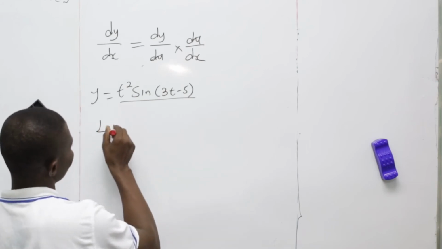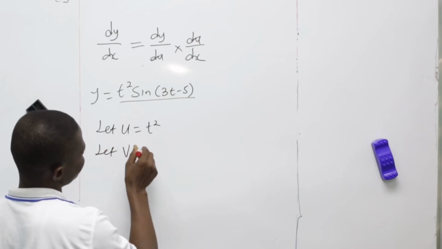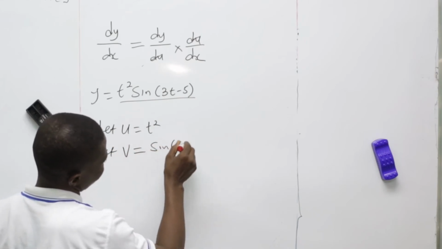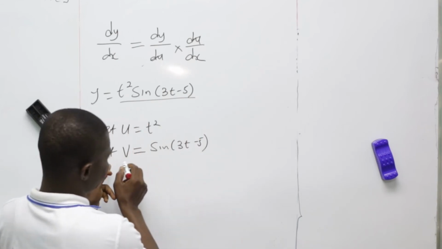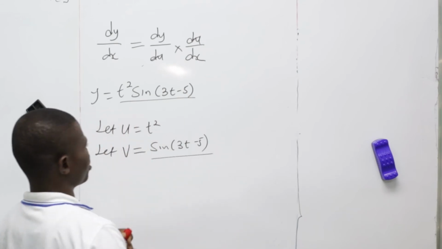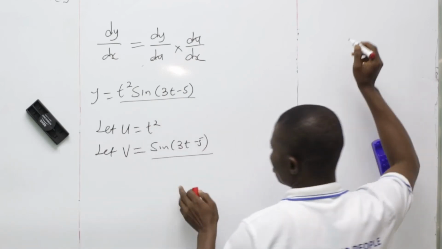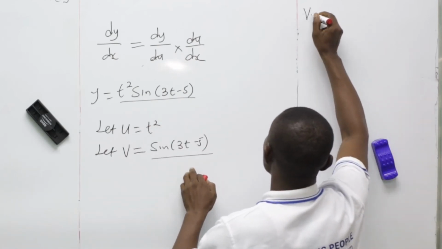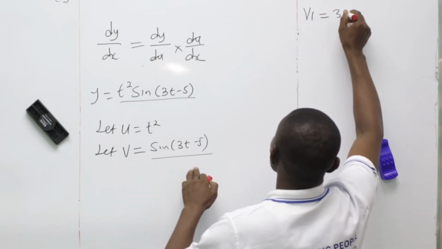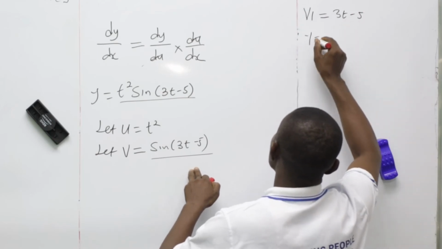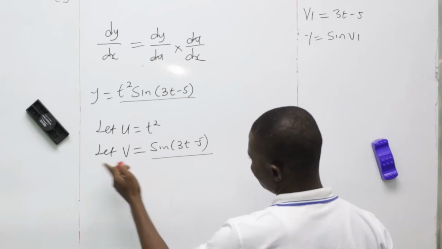So let u equal t squared, and let v equal sine (3t − 5). If you look at this v very well, it's too complex. So what do we do? I will have a new v, call it v1, equals 3t − 5. Then y itself equals sine of v1.